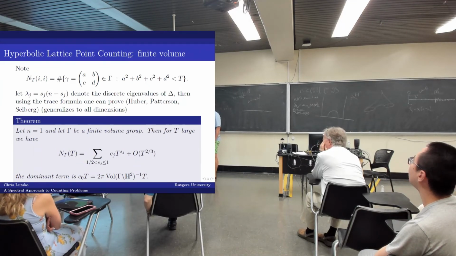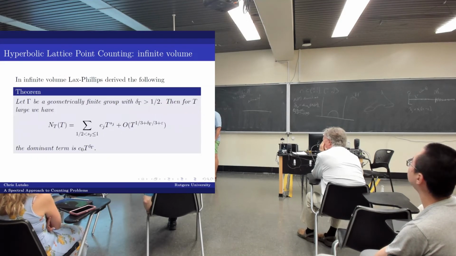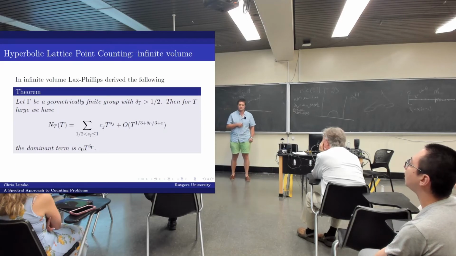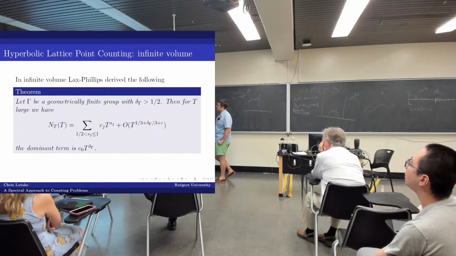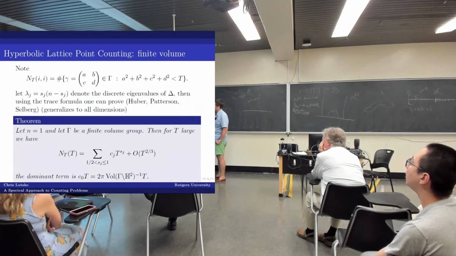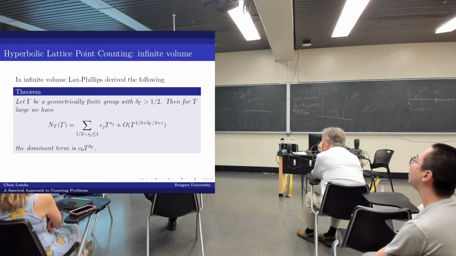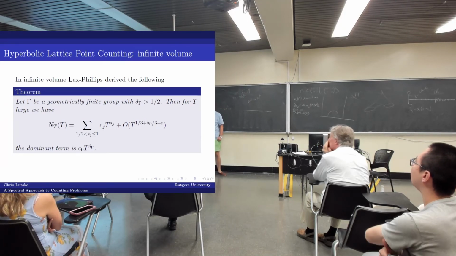And then we get an error term which is the same, but now it incorporates this Hausdorff dimension. And again, this is optimal in the same sense as the last theorem, which I'll tell you at the end. And here the dominant term is given. And again, delta is the Hausdorff dimension of the limit set.